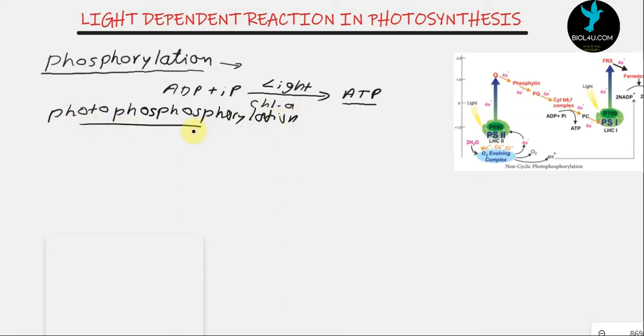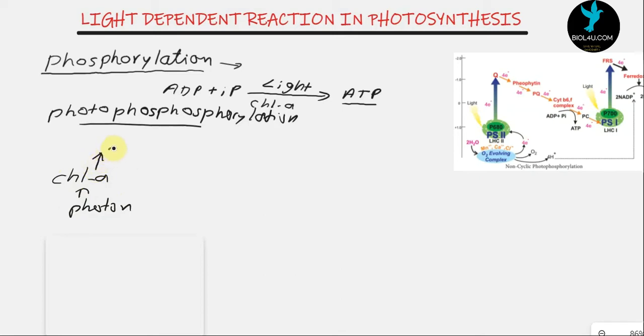Okay, this photophosphorylation reaction actually takes place in the chlorophyll that has the reaction center. The energy rich electron, you know, the chlorophyll-a molecule, while absorbing a photon of light, the ground state chlorophyll-a becomes excited, and then the electrons are expelled.